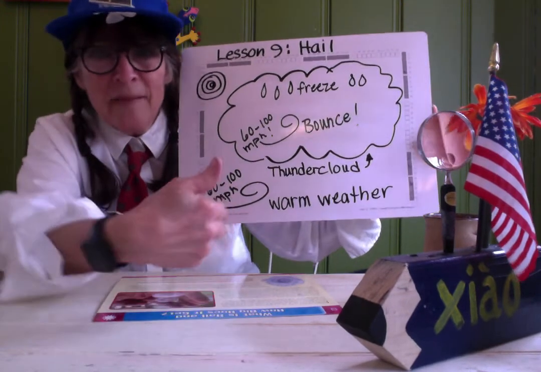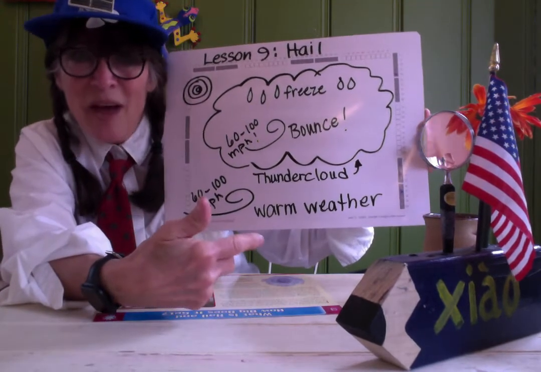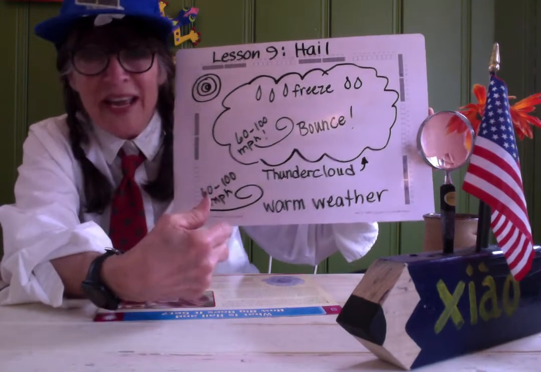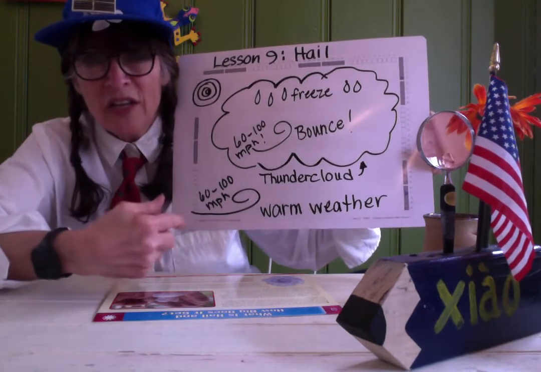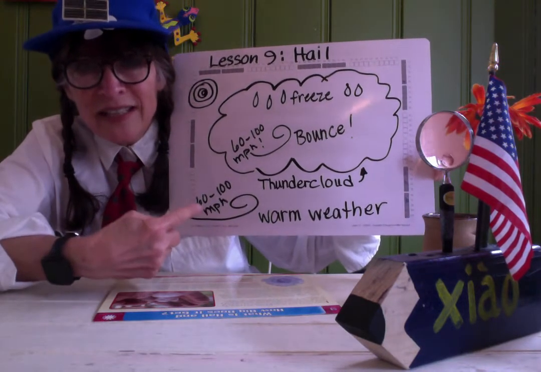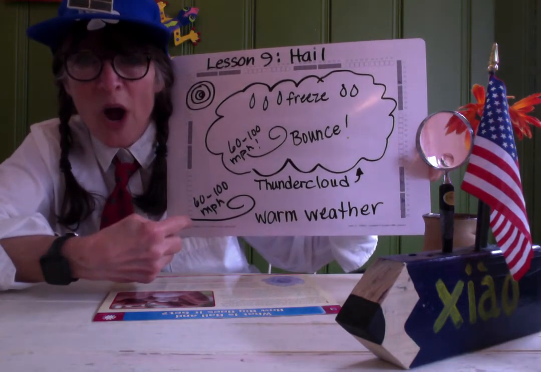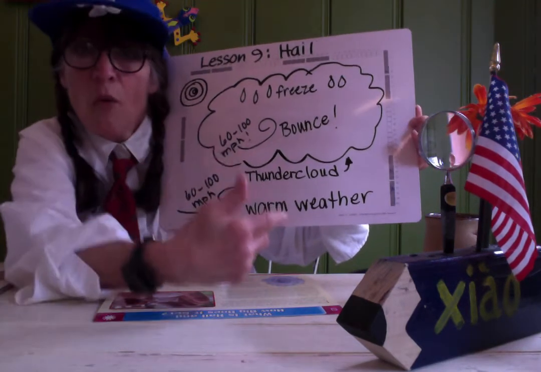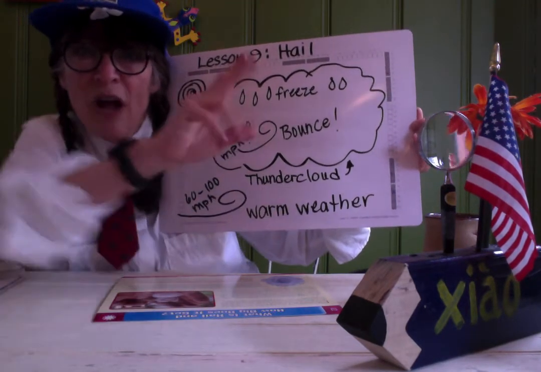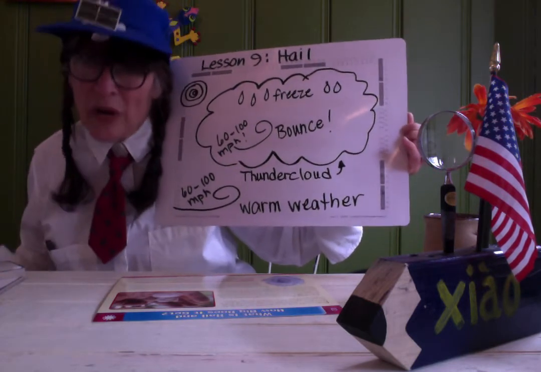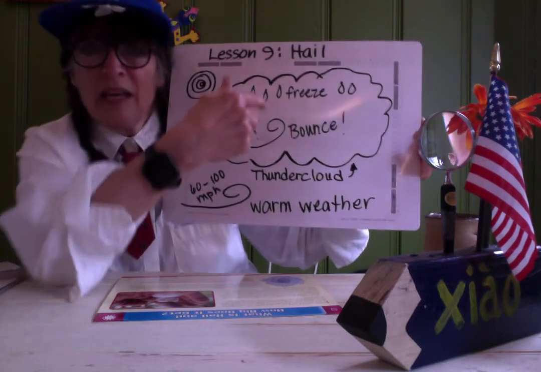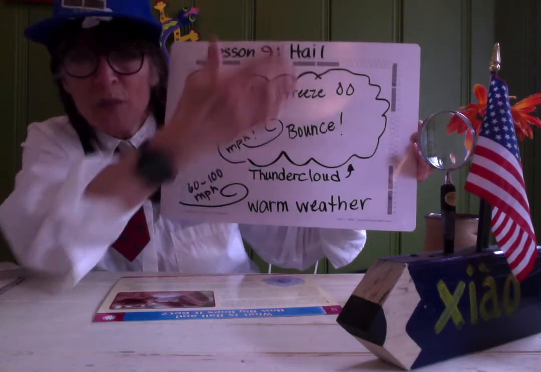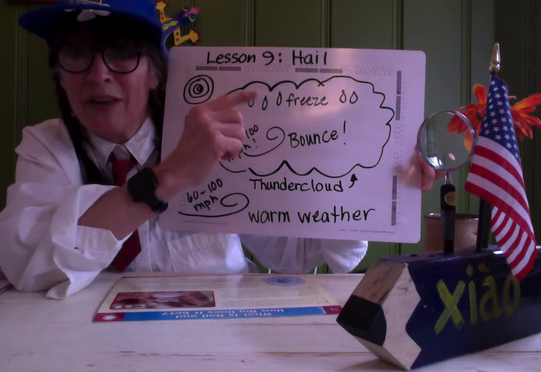Okay, and then hail happens when it's warmer weather. And in order to have hail, you need to have 60 to 100 mile per hour warm winds. That needs to be happening. What happens is the little droplets that would come down like rain typically, they get pushed up by those winds. They get bounced back up at the top of the cloud where they freeze.